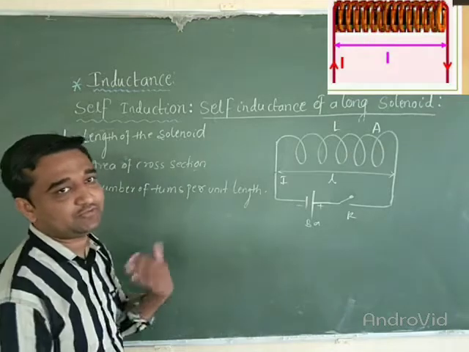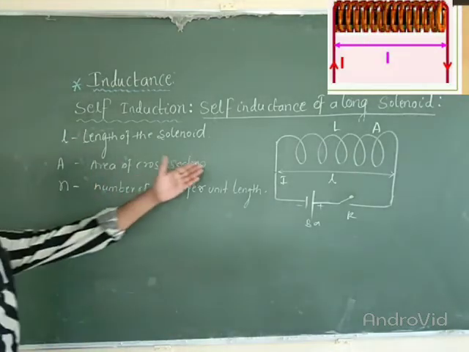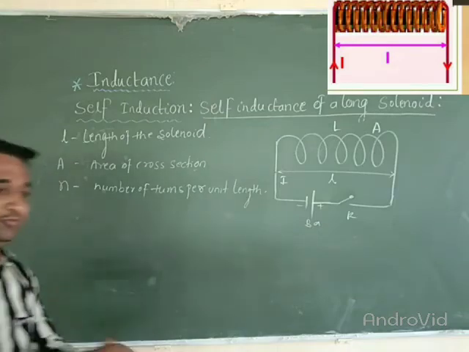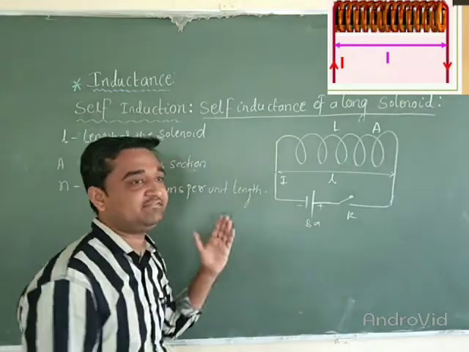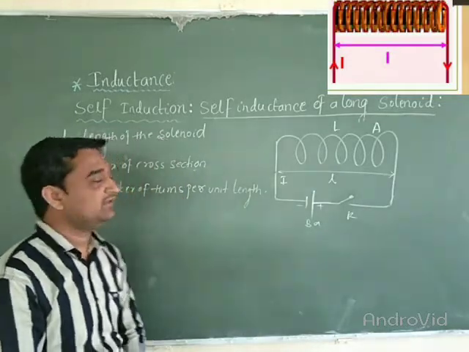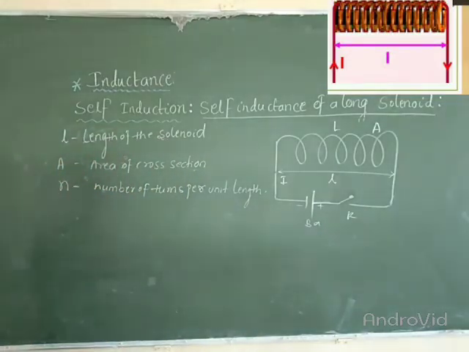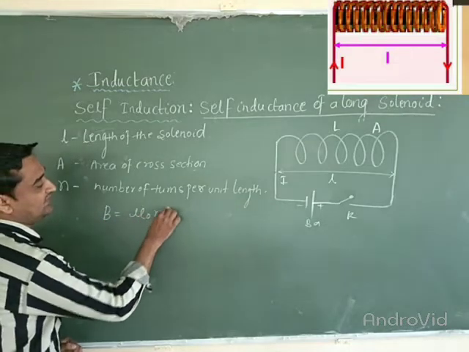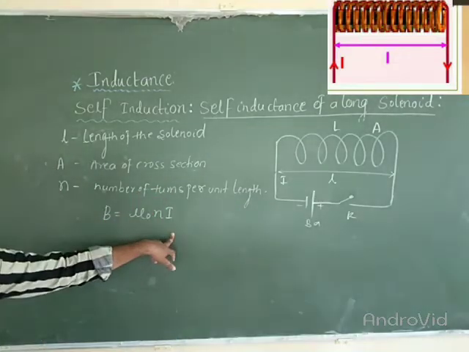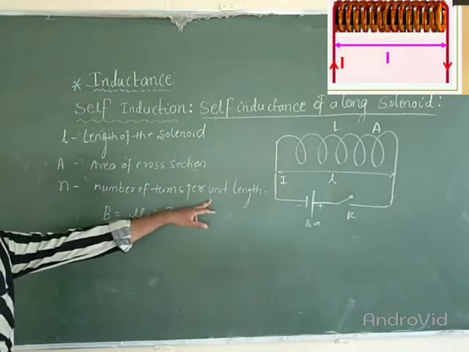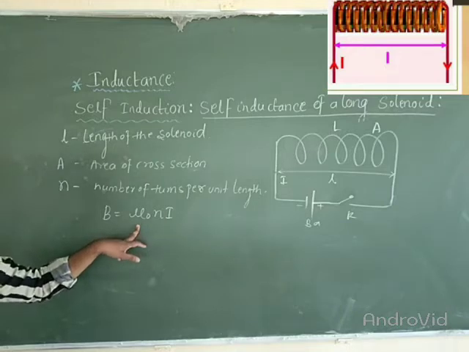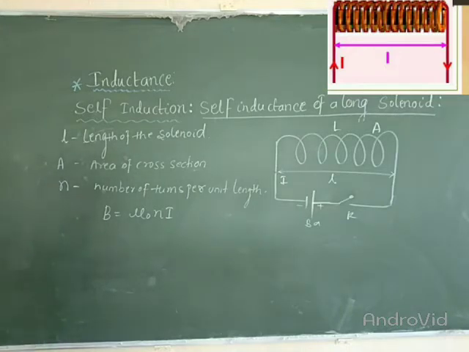When a current is flowing through a solenoid, a magnetic field is produced inside the solenoid. Now, how to calculate that magnetic field? We have the expression B is equal to mu naught n I, where I is the current through the solenoid, n is the number of turns per unit length, and mu naught is the permeability of free space. So B is equal to mu naught n I.